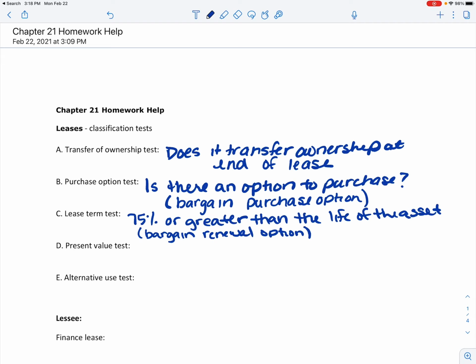The present value, again, is looking at how much this is worth to me now.